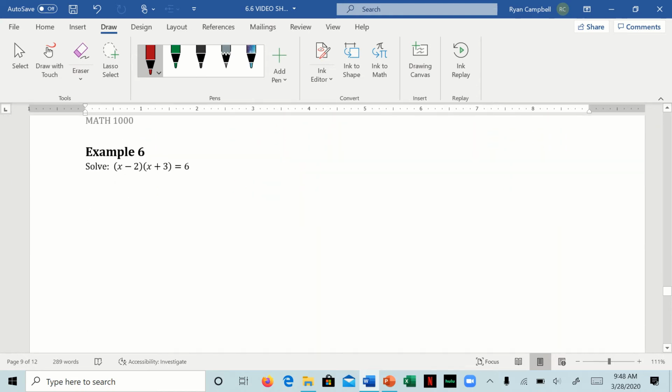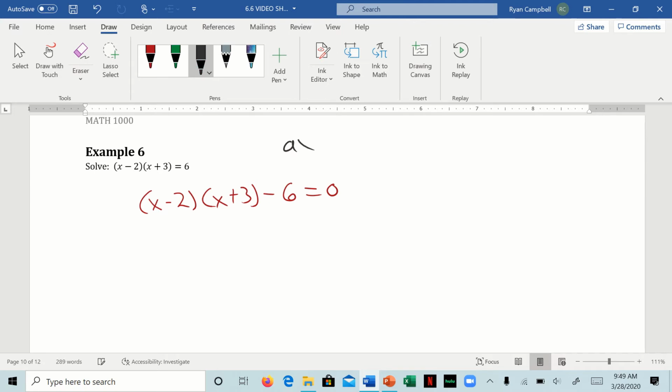All right, let's look at number 6. So we have it already factored out, but it doesn't equal 0. So we got to move everything off to one side. So step 1, move everything to the other side. So x minus 2, x plus 3, minus 6 equals 0. But it's not in our form of ax squared plus bx plus c. So we actually do have to distribute these out, right?